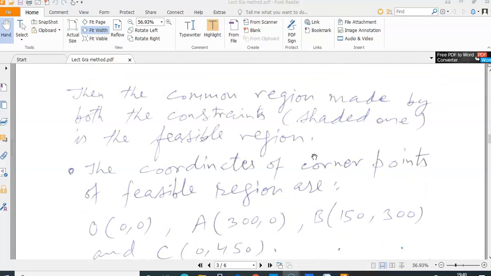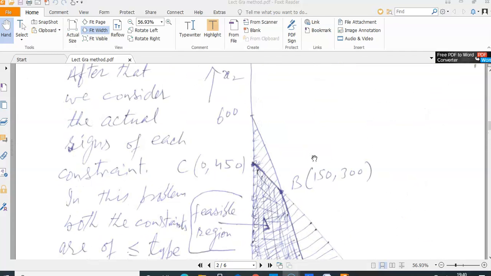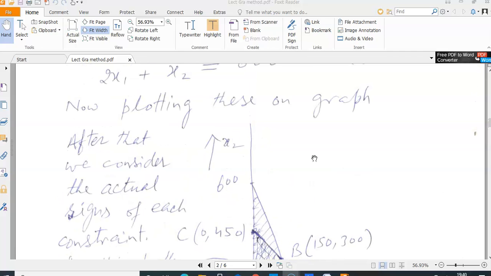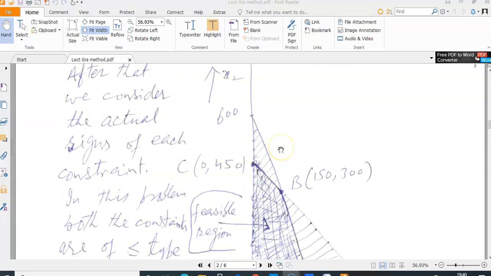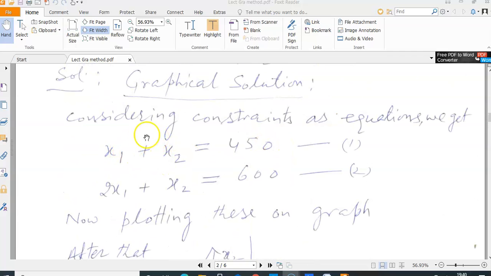So how do we present these lines on the graph? I will tell you what to do. Put x2 equal to 0, we get the value of x1, so that value will be on the x-axis. Similarly, put x1 equal to 0, we get some value on the y-axis, the x2 axis.